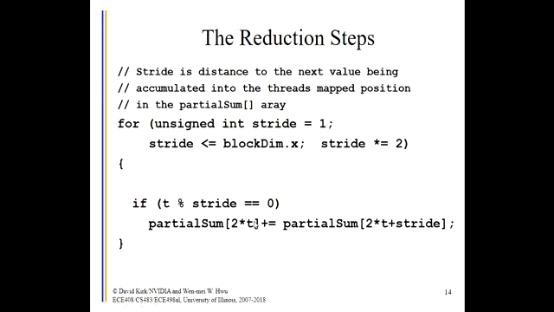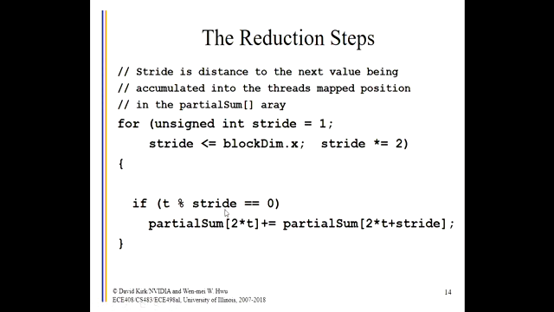Remember, 2 times the thread index is the home location for that thread in the data mapping, and we're going to add a value that is stride distance away into that value, okay? And then we accumulate that into the home location of the thread.